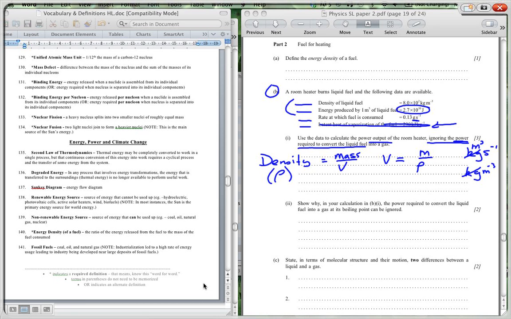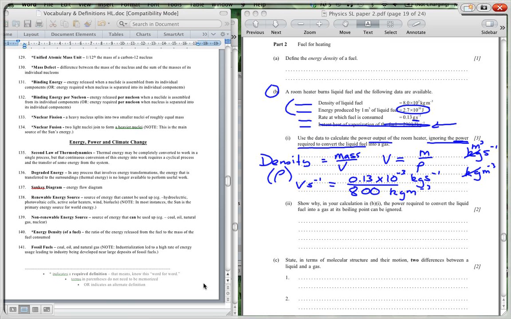So here we're going to get our volume per second. V per second is going to be 0.13, but this is grams, so remember, grams to kilograms is times 10 to the negative 3. That's going to be kilograms per second, and I'm going to divide that by my density, which is 8 times 10 to the 2, so it's 800 kilograms per meter cubed.